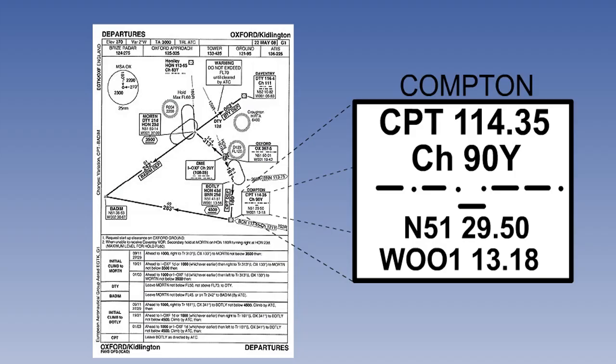A waypoint is a point on the surface of the Earth, designated by a latitude and longitude. Waypoints and VOR beacons are typically co-located to allow for either method of navigation to be used across land. But of course a waypoint could also be a point over the ocean.